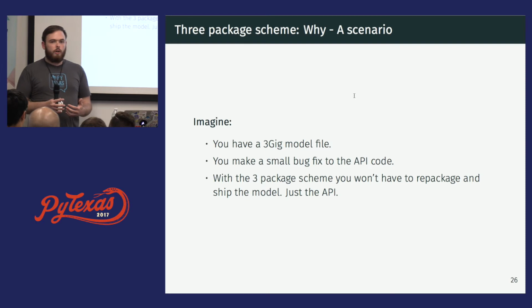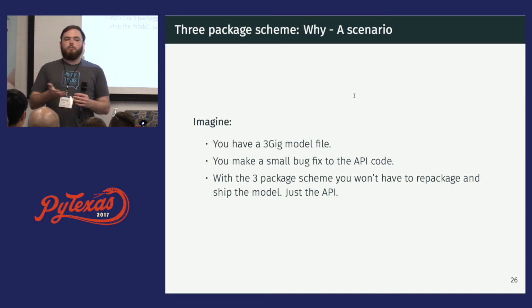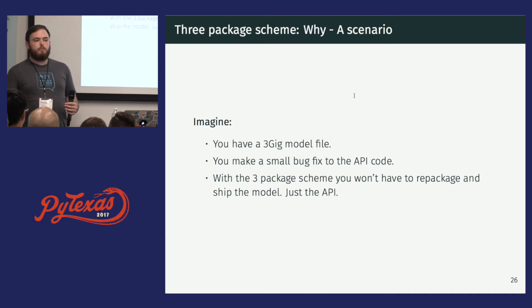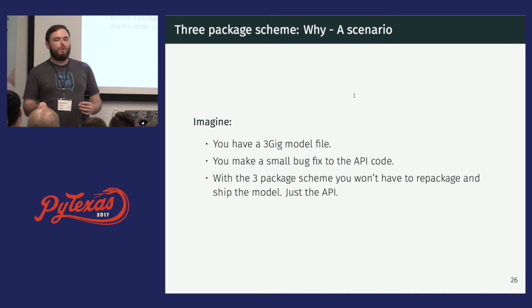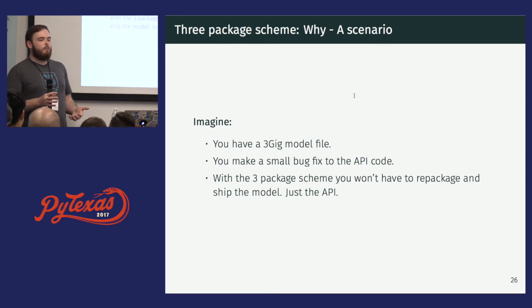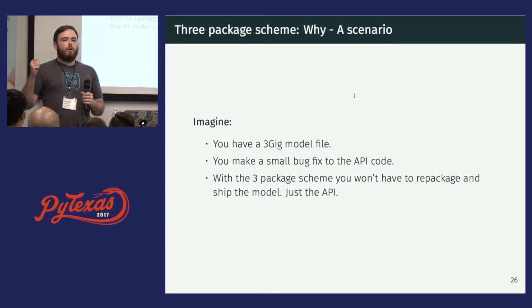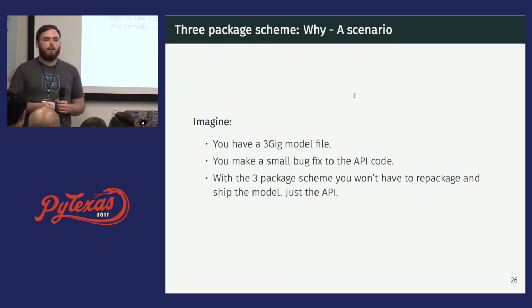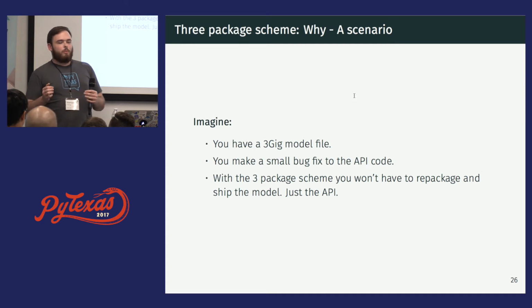So let's imagine a scenario in which maybe it's not so uncommon, especially if you're doing natural language processing, that your model file can get pretty large. So let's say maybe you have a 3 gigabyte model file, and you make one small bug fix to your API. Maybe somewhere in your API code, you left out a parentheses.